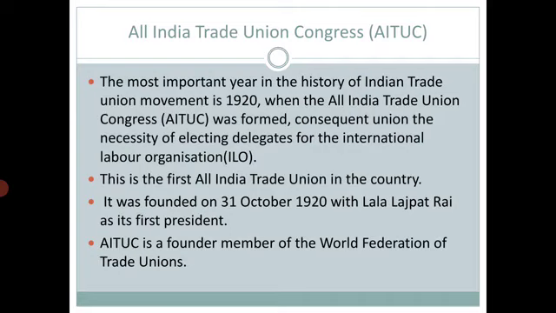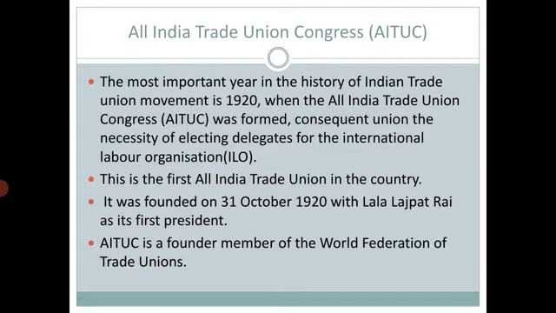See what happened. First of all, AITUC, that is All India Trade Union Congress, was formed. When was it formed?